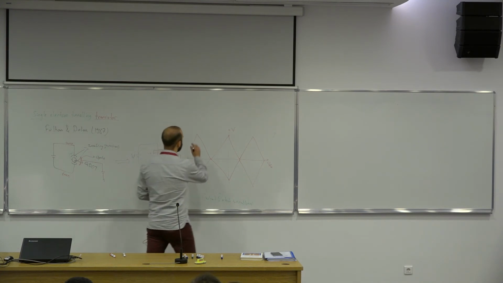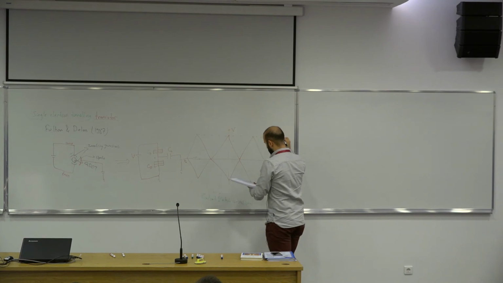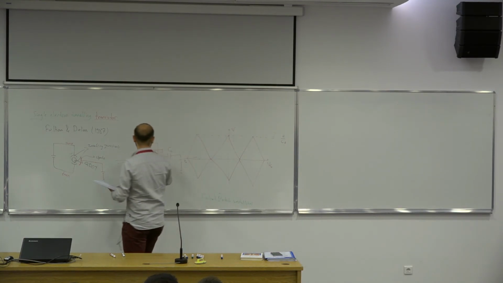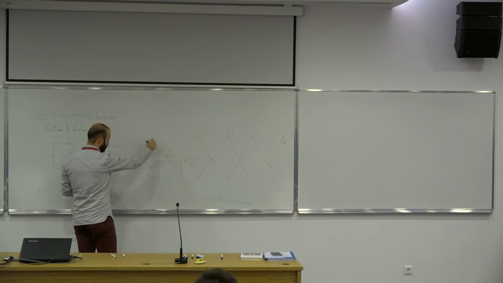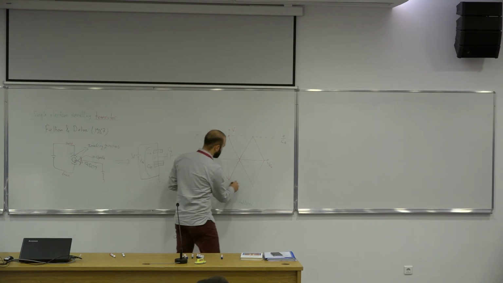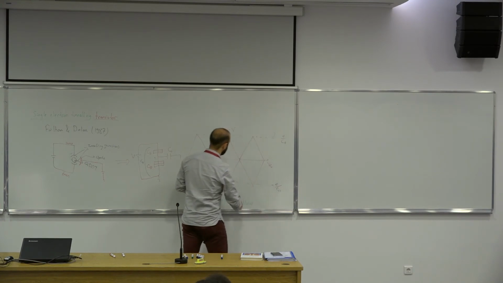Actually, we can define a range for the voltages. So this is E over C11, which is defined as the capacitance of this whole quantum dot. And then on the negative side, this is minus E over C11.